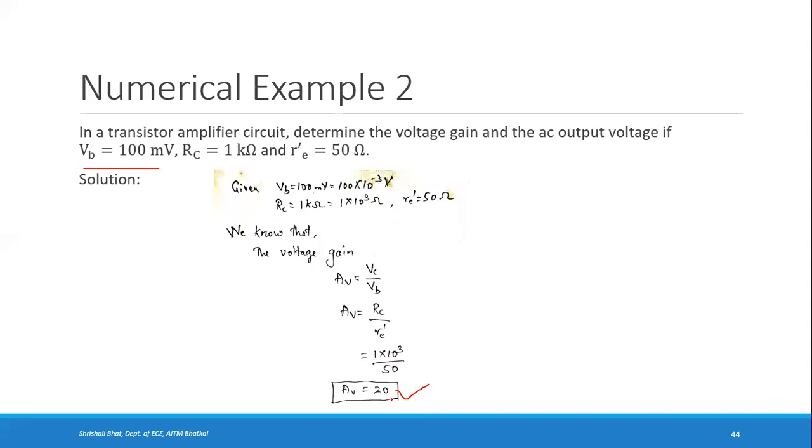Once you get the gain, you have been given VB, the input voltage, and you are asked to find the output voltage. Using this equation, we can find VC.